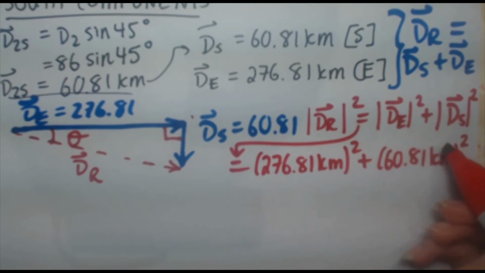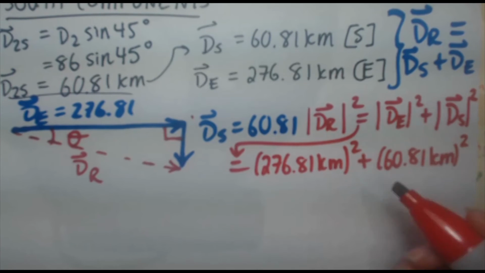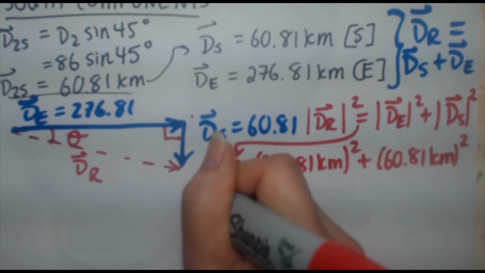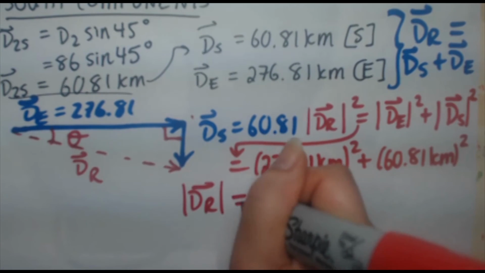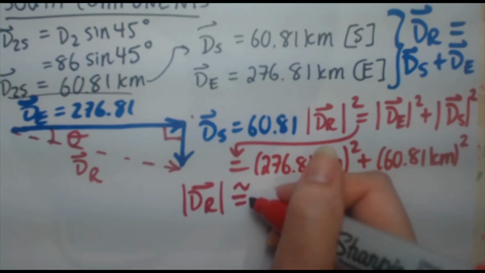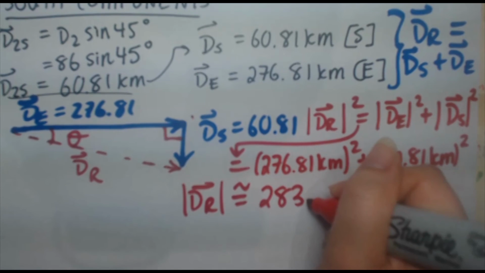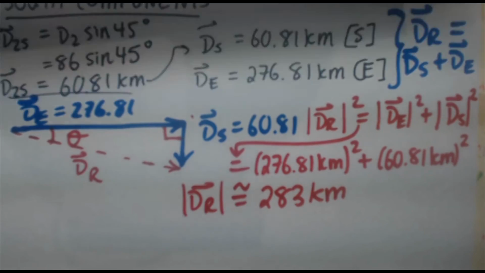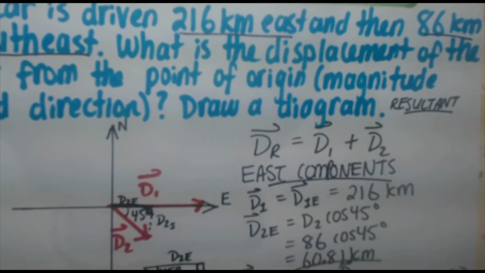Now remember, whatever number you're getting out of here is dr squared. You then have to square root it, and when you do so, you're going to get dr is equal to approximately 283 kilometers.